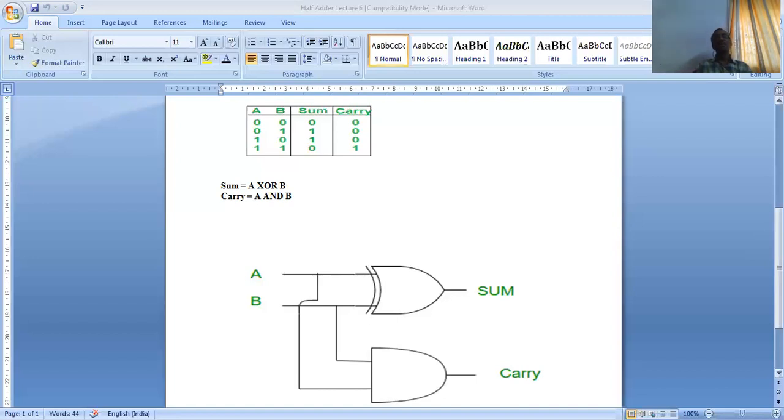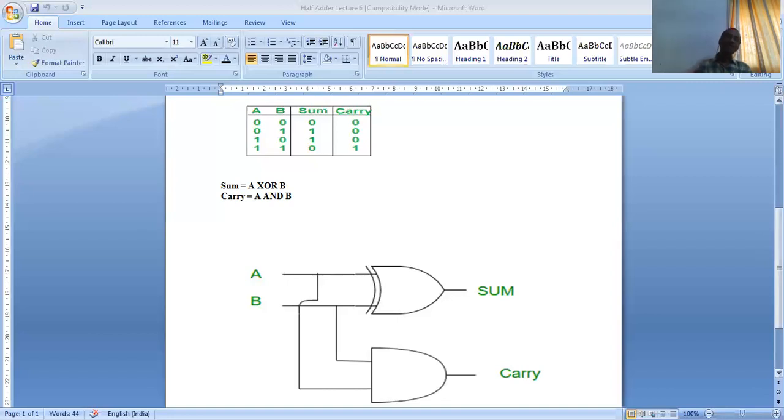Here, when A equal to 1, B equal to 1, the output of the upper XOR gate, that is sum, equal to 0. And when A equal to 1, B equal to 1, the output of the lower AND gate, that is carry, equal to 1. This is the difference between the first three cases and the last case.